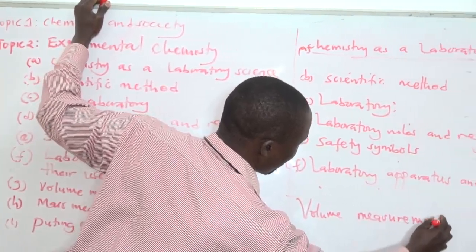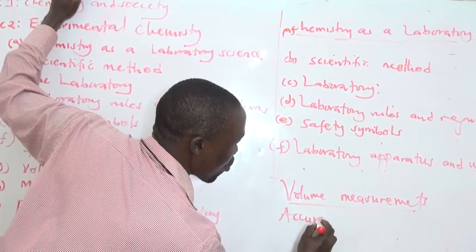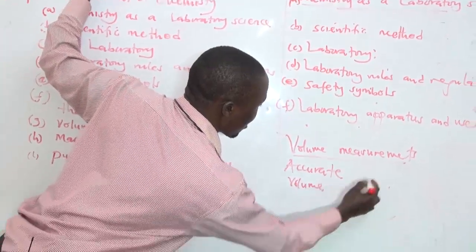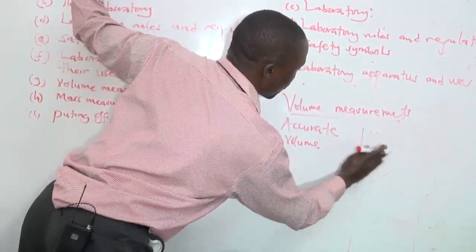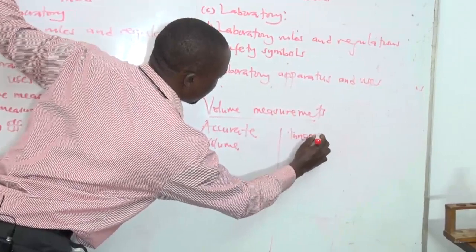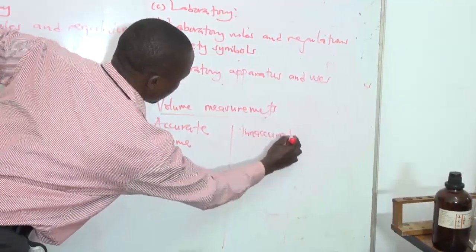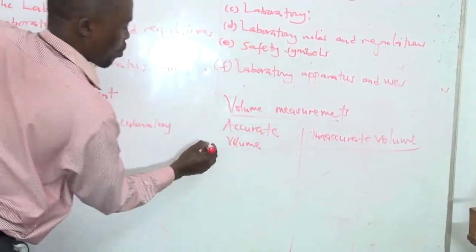We are going to look at accurate volume. Which one do you use for accurate volume? And the one for approximate, inaccurate volumes?